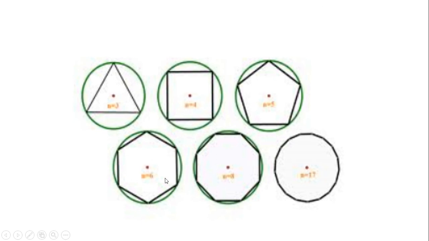Again, here's 6, 8. I'm not sure what that says, but we can see very little distinction between a circle and, I think, a 17-sided polygon. So again, as the number of sides of the regular polygon increases, the figure becomes more and more circular.